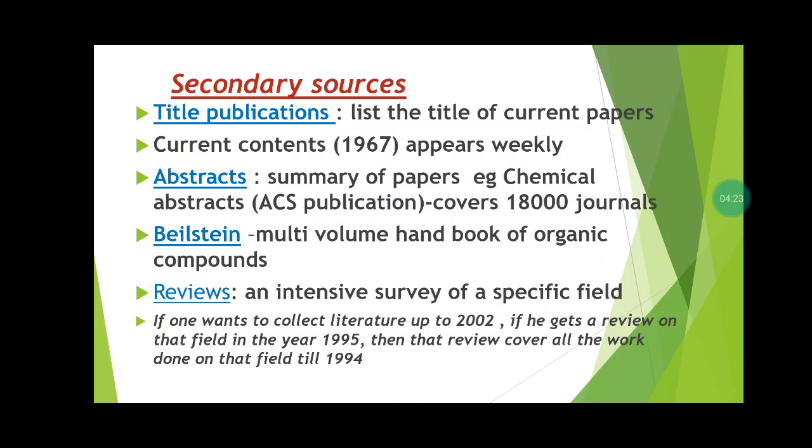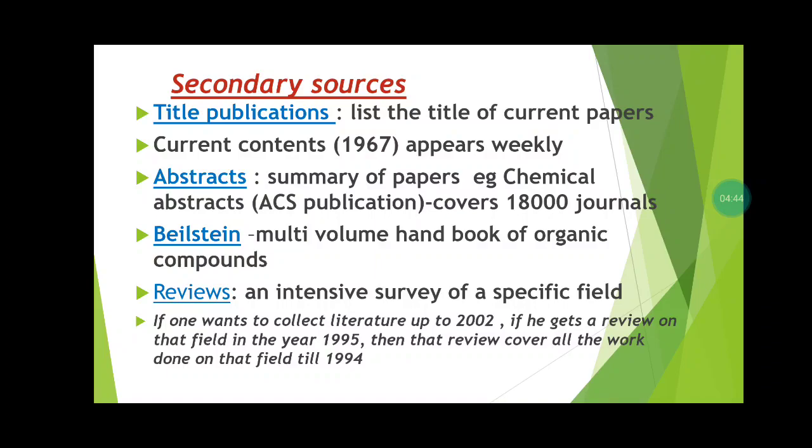So moving to the next slide, secondary sources. Sources like indexes, abstracts, review articles, handbooks, catalogs, etc., which are used to refer to the primary sources, are called secondary sources. The first one is title publication.